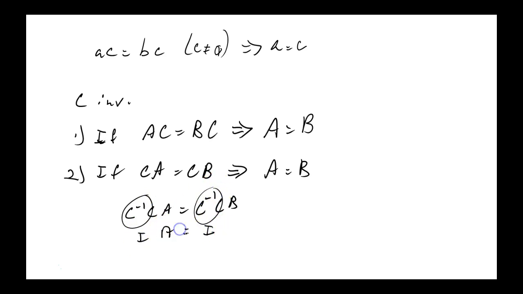And IA is equal to IB, and IA is just simply A, and IB is simply B. So yeah, they would have to be equal. But you can't necessarily go the other way, because A and B may not even be of the right size to do it the other way. Okay. They did the first one, I did the second one, in the proof. All right.